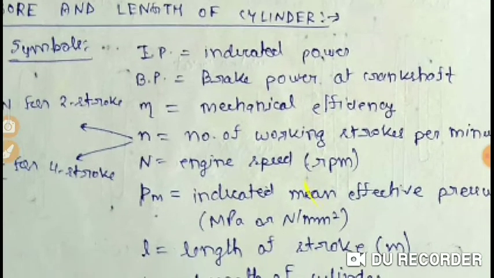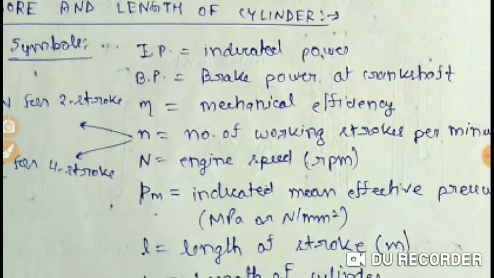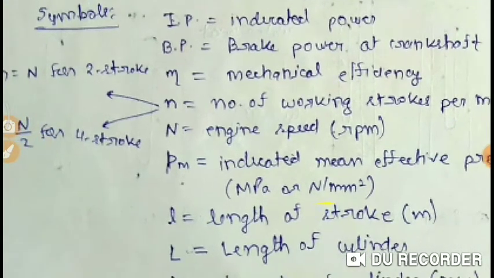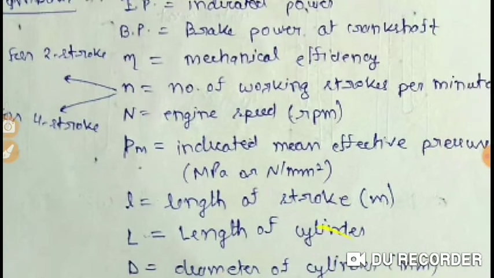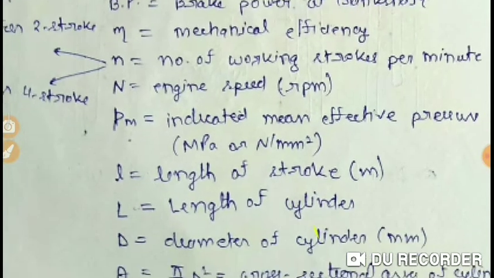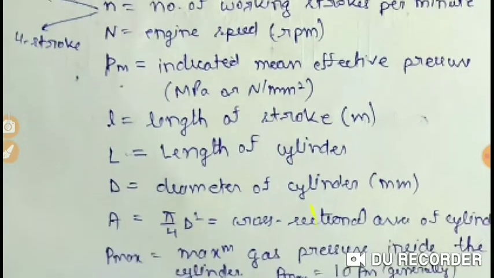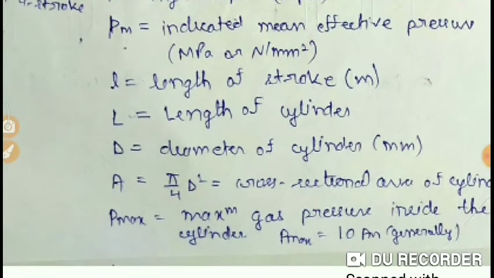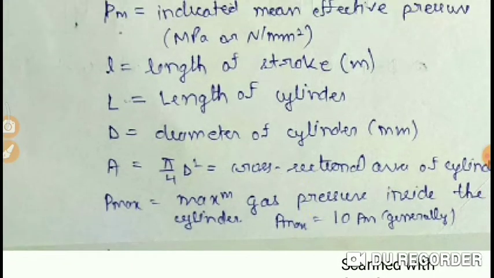IP will indicate the indicated power, BP brake power, eta mechanical efficiency, and N the number of working strokes per minute, capital N engine speed, PM indicated mean effective pressure, small l length of stroke, capital L length of cylinder, D diameter of cylinder, and A area, which is pi by 4 into D square, that is the cross sectional area of the cylinder.